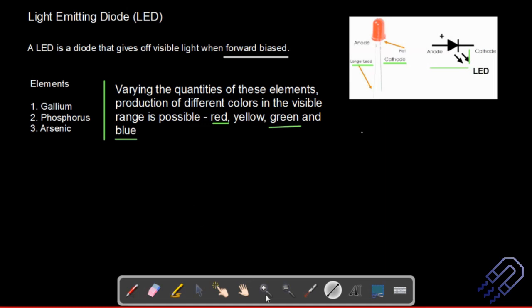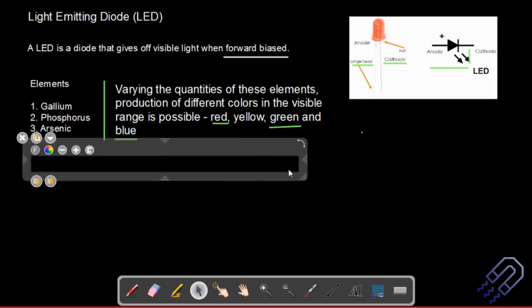So maybe I can take an example here. As an example, if we take gallium arsenide, it will produce red light.